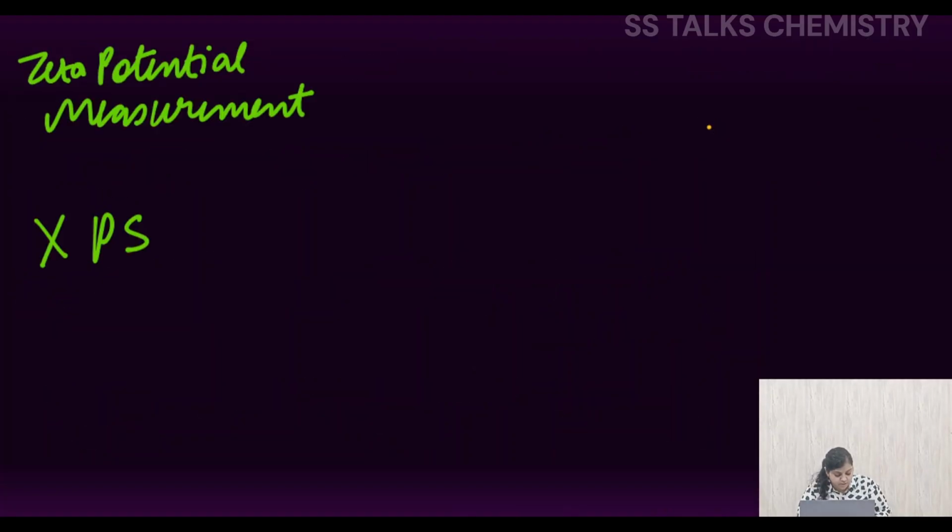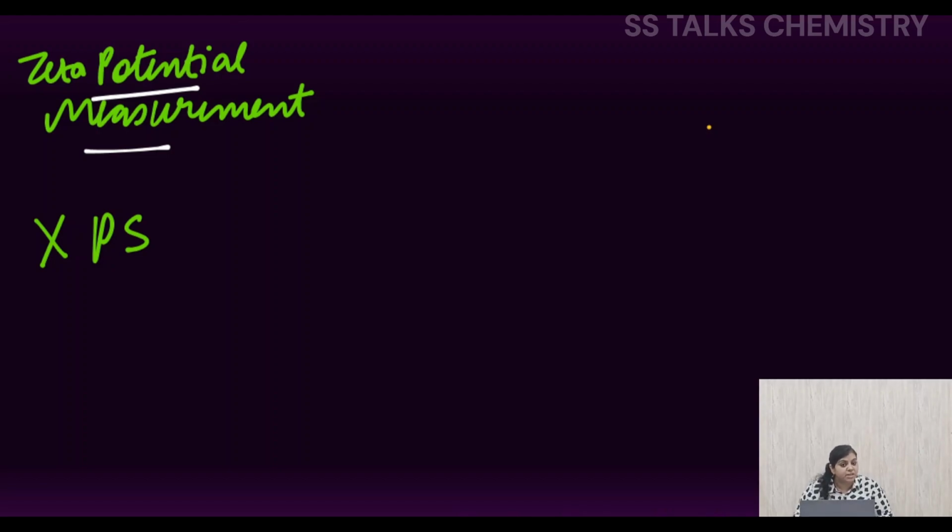Next property, that means the technique that you can use is the zeta potential measurement. That means it can tell me if my species is a charged species or not, just like in the colloid substances we have. So here when you have two layers of opposite charges, there exists a potential between these two opposite charges that is called the zeta potential.